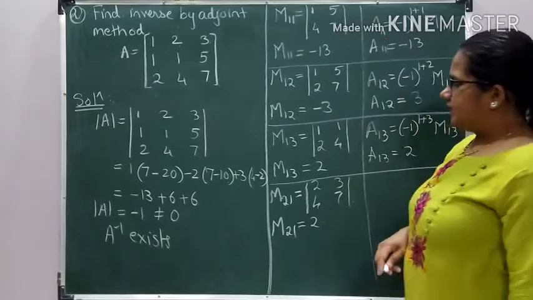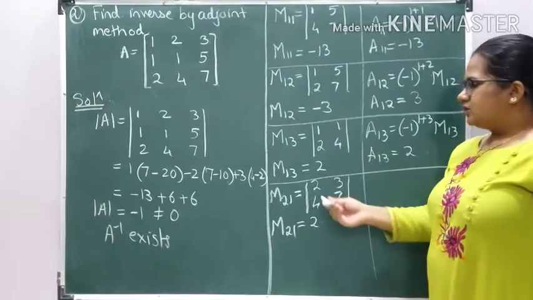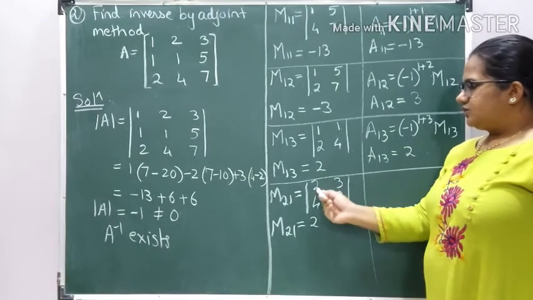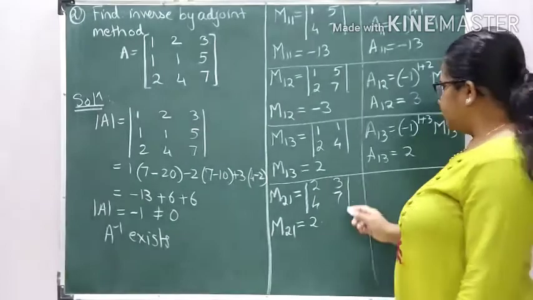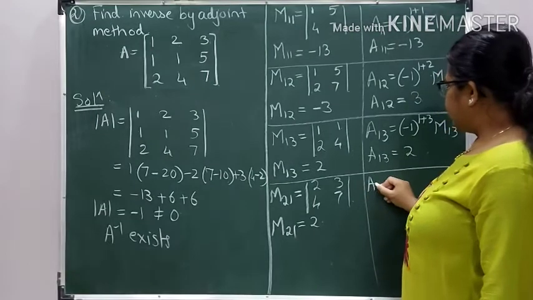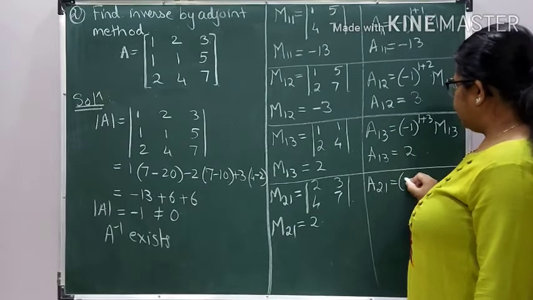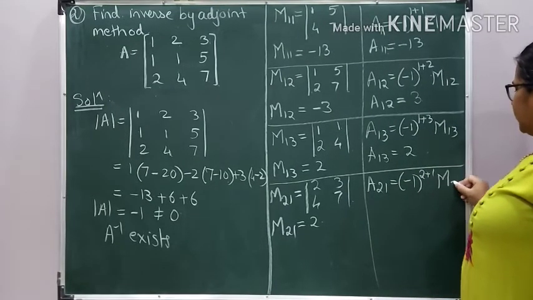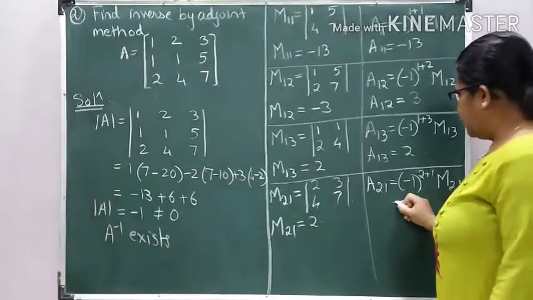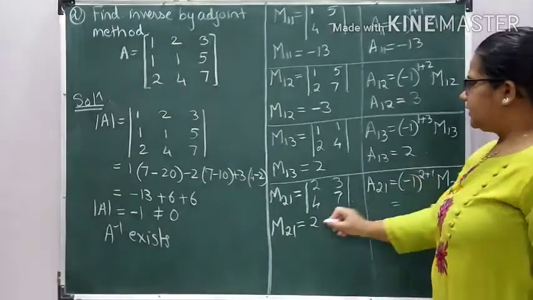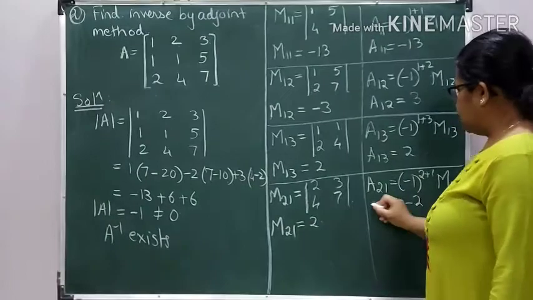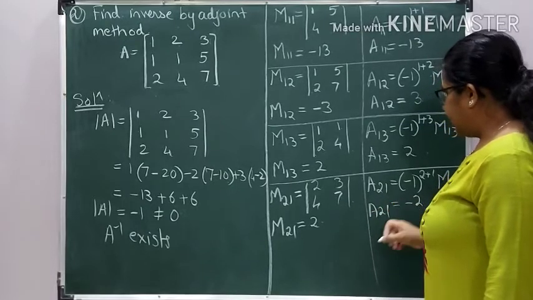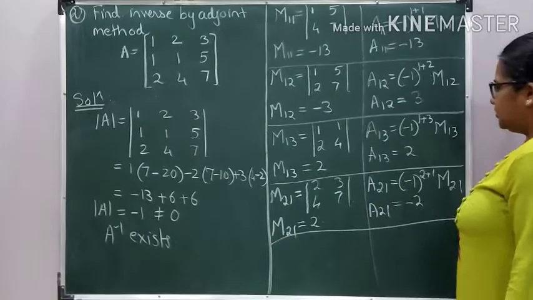So M21 is 2. Next, you have to find the cofactor. A21 will be minus 1 to the power 2 plus 1 into M21. So it is an odd power, minus 1 into 2 is minus 2. So you get the cofactor as minus 2.